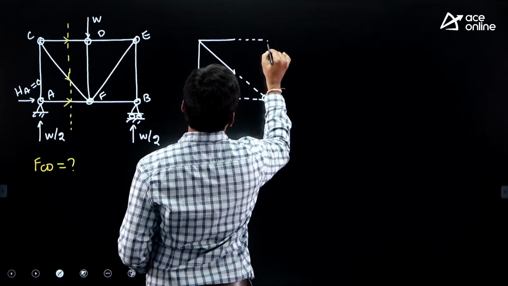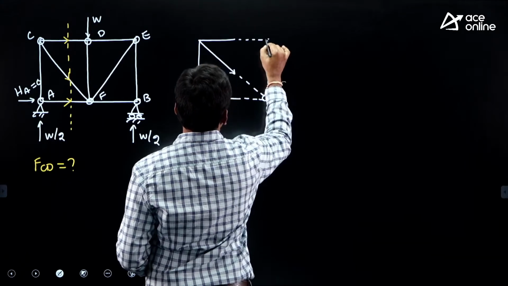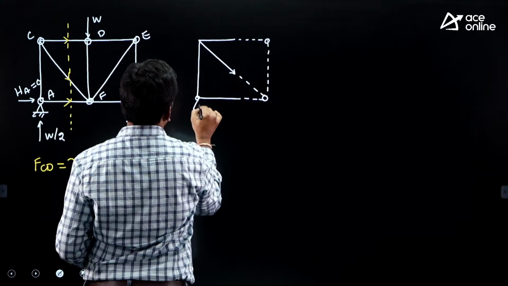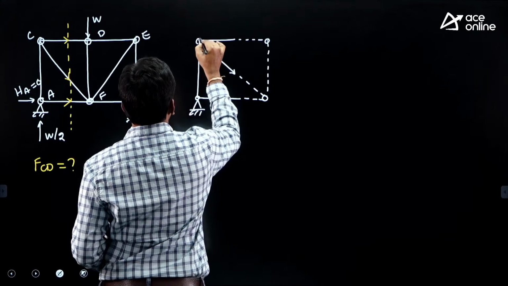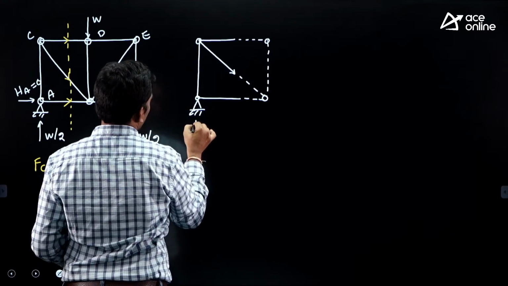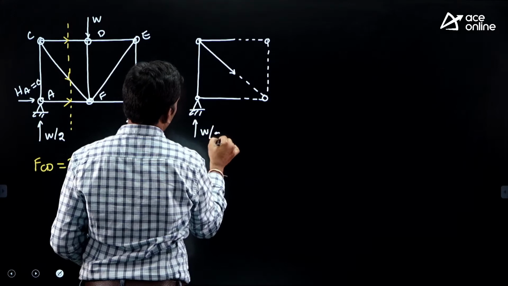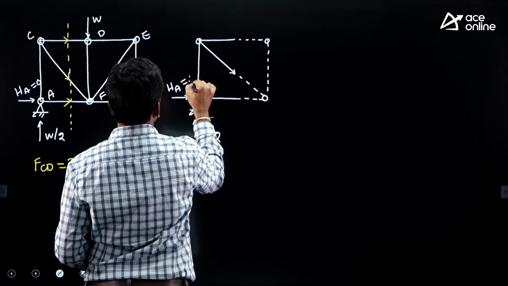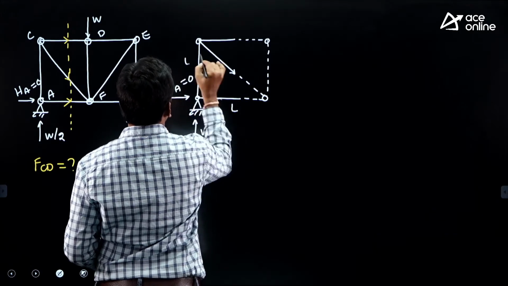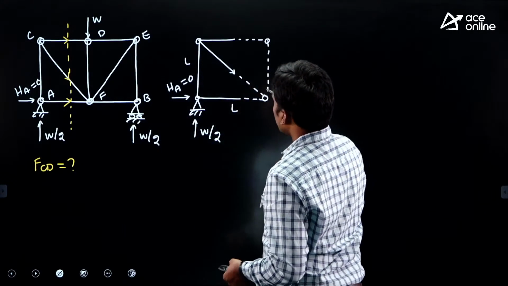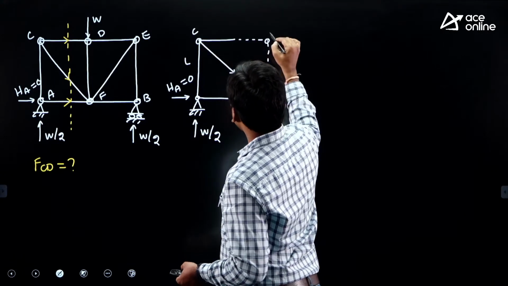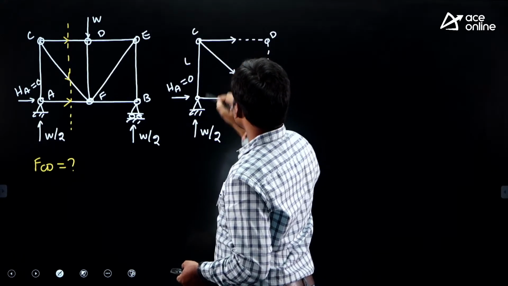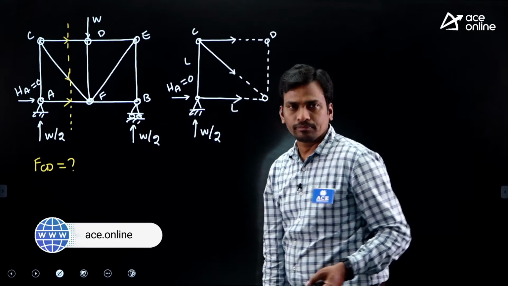So this dotted portion is the right part of the structure. So this is the free body diagram. We got a vertical reaction W by 2 and a horizontal reaction of 0. Length L, length L. Then this is C and this is D. So initially we assume tensile forces.